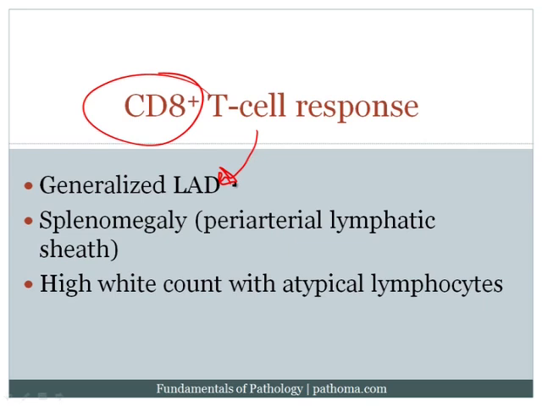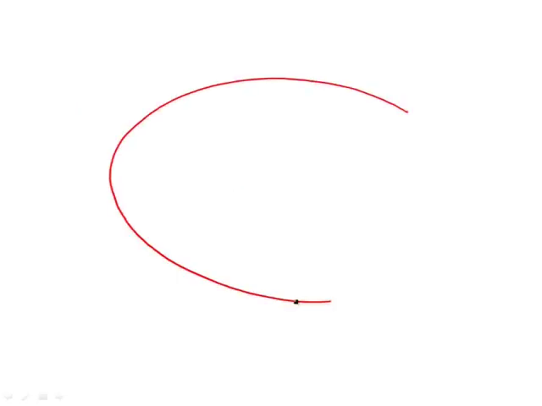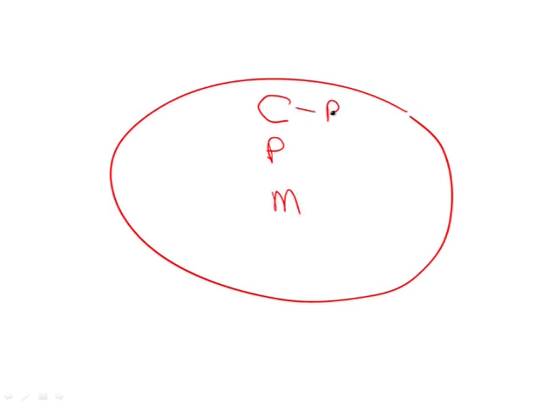It's important to know for the purposes of examinations, and they like to ask, which area of the lymph node will be enlarged. That requires a little bit of background. Remember that in a lymph node, we have a cortex, then we have a paracortex, and then we have a medulla. And in the cortex is where the B cells live, and the paracortex is where the T cells live.